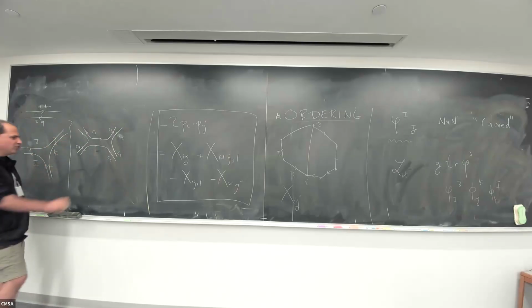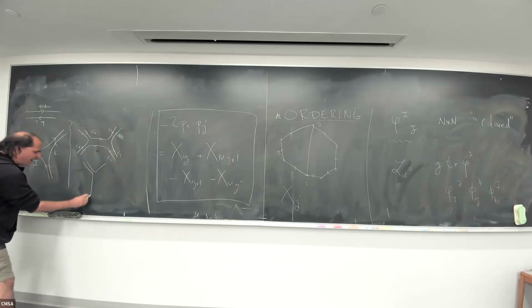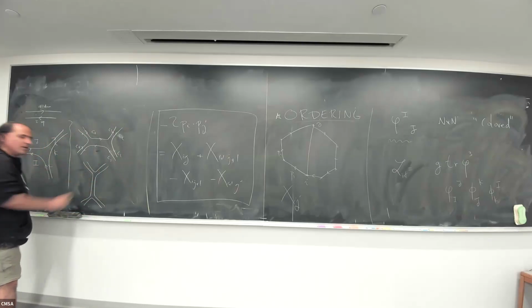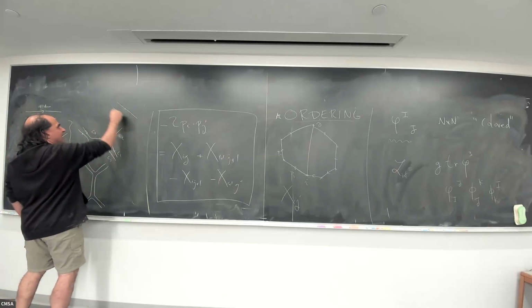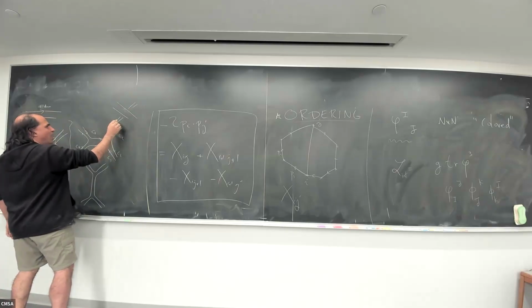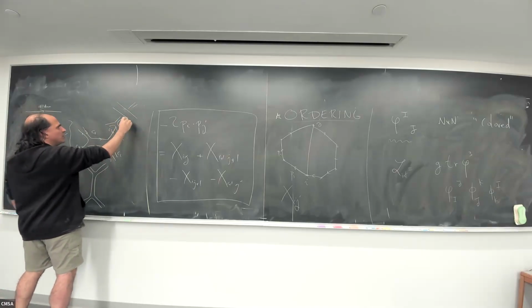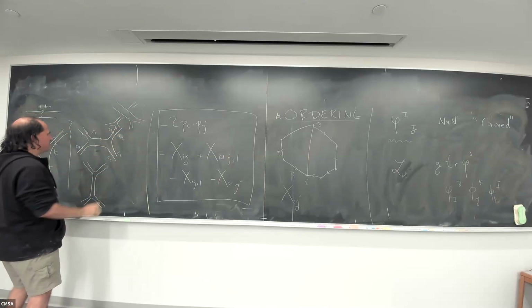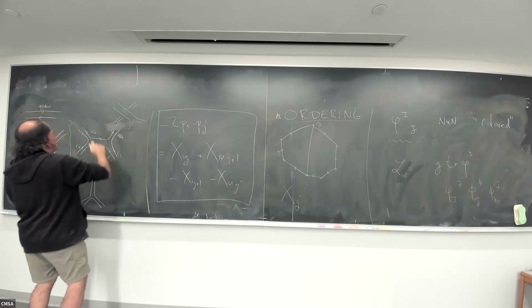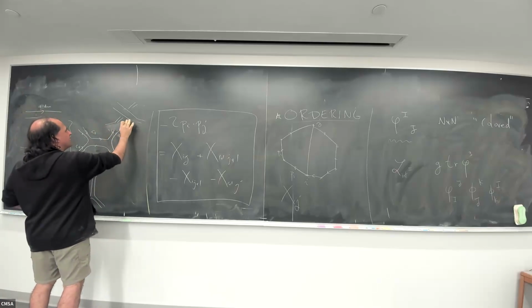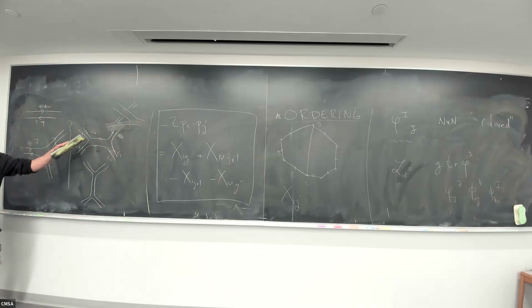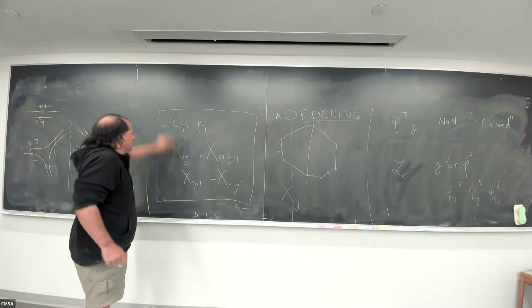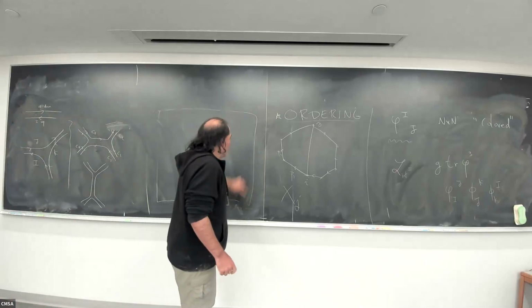So this is a diagram that I could draw. For the same color lines, this is another diagram that I could draw. But a diagram where they cross does not correspond to this ordering. So that's where the ordering comes from.